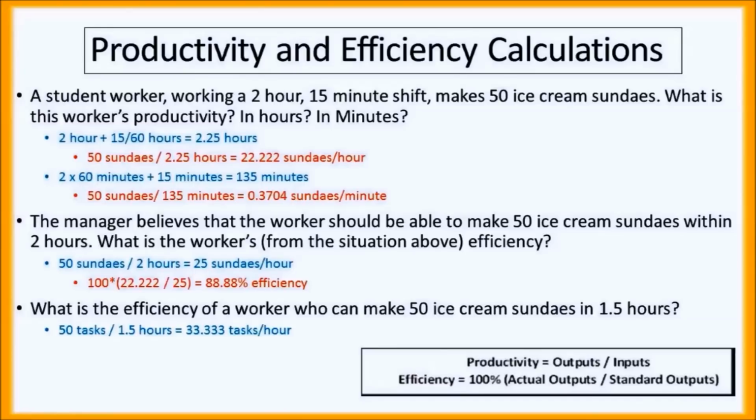So in this problem, the efficiency of this worker is 50 tasks or 50 sundaes in 1.5 hours, gives us 33.333 tasks or sundaes per hour. That will be our actual productivity or our actual output. We're going to divide that by the standard, which is what the manager believes, which is 25 sundaes per hour. We just calculated that in the problem just above.